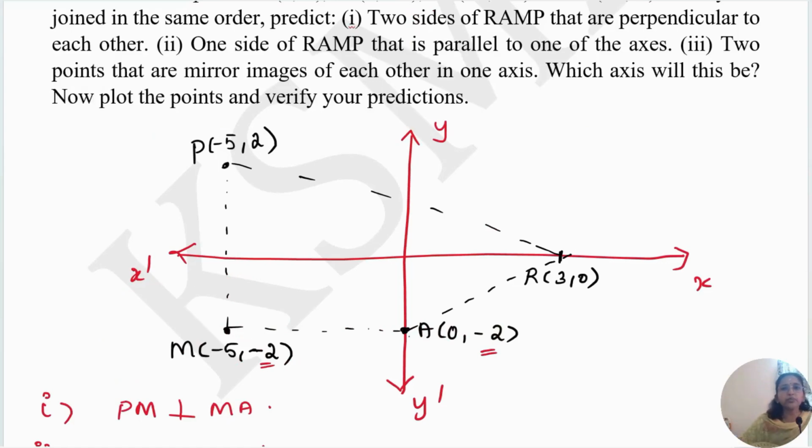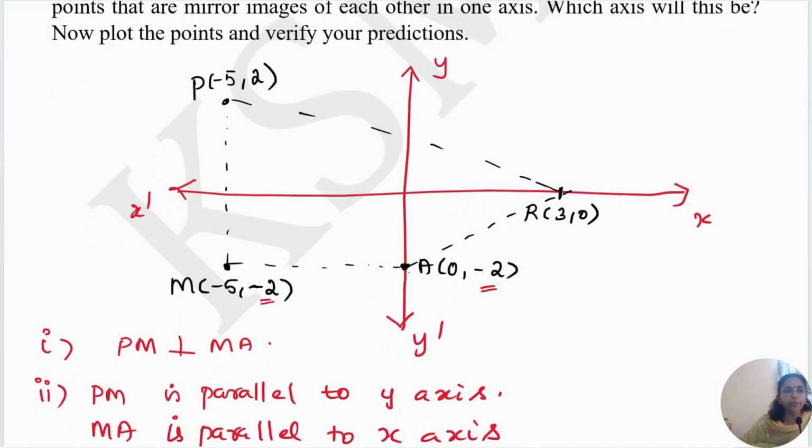And coming to the third subdivision question: two points that are mirror images of each other in one axis. Look at your points P and M. They have the same x coordinate value, -5. And look at the y coordinate values: here it is -2, here it is +2. They are equal in magnitude but opposite in sign.